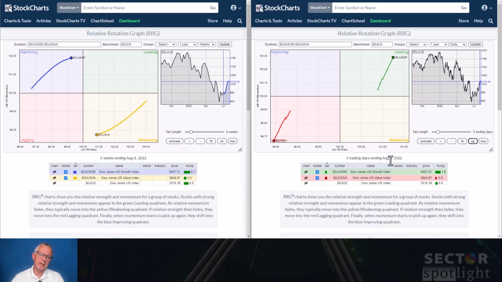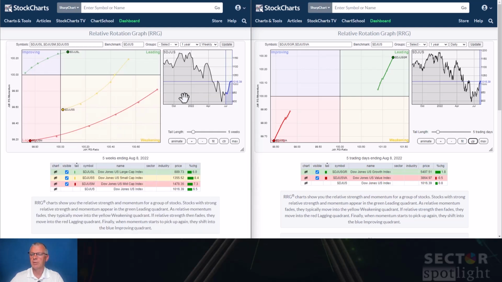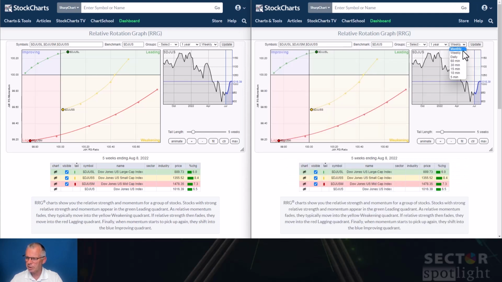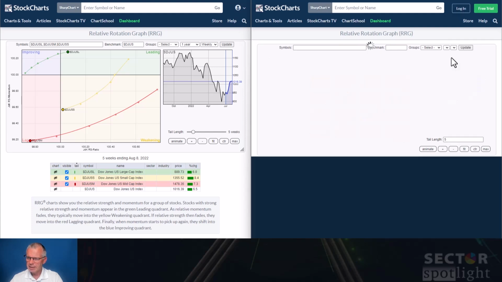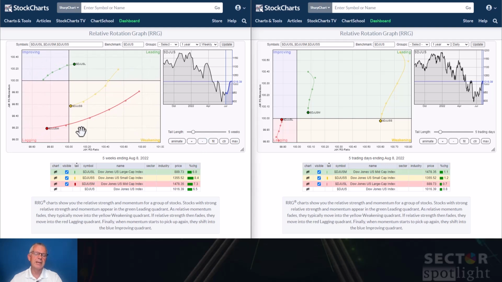Another graph that I like to look at, when I look at growth value, is size. So if you look at size, so growth, large, mid, and small caps. And if I bring up those RRGs, and I do the daily here, then we see a bit of a different picture. Because here right now, large caps are favored.